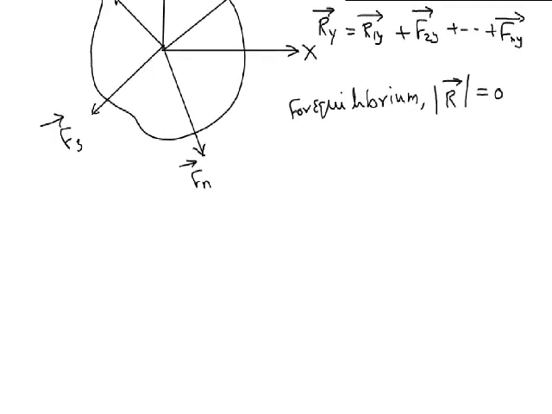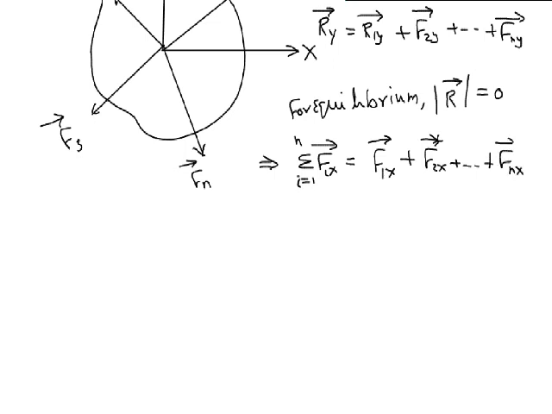That would mean that the sum of the components of the forces acting on it, that is, the sum of Fix bar as i runs from 1 to n, which is F1x bar plus F2x bar plus so on up to Fnx bar, should be equal to 0.